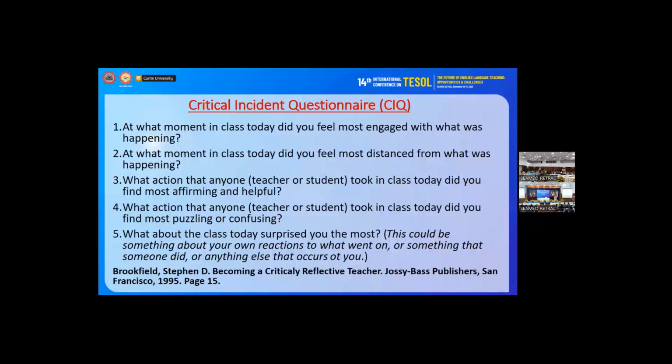What action that anyone, teacher or student, took in class today did you find most affirming and helpful? What action that anyone, teacher or student, took today did you find most puzzling or confusing? What about the class today surprised you the most?